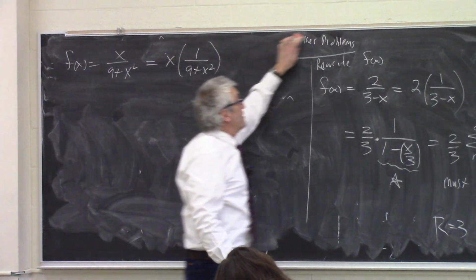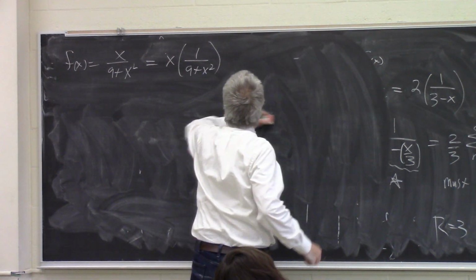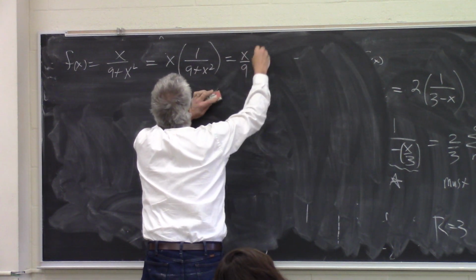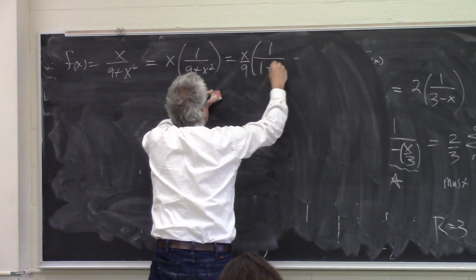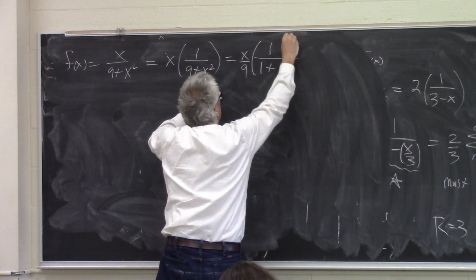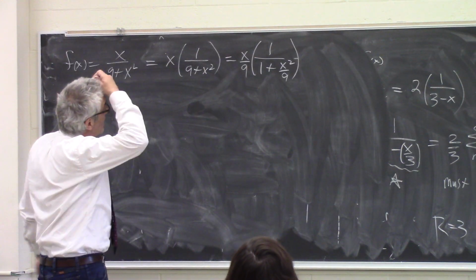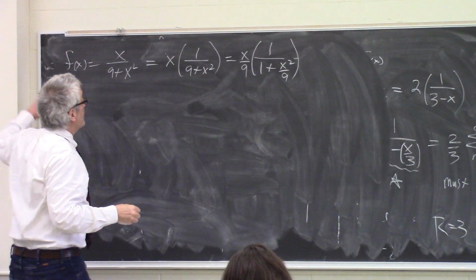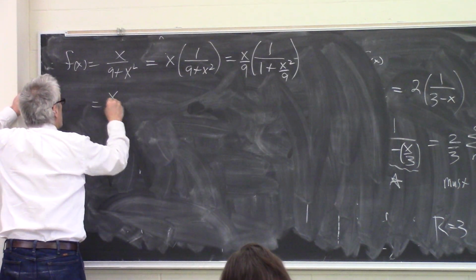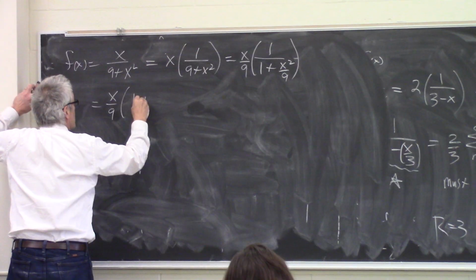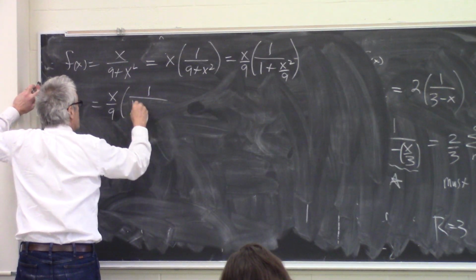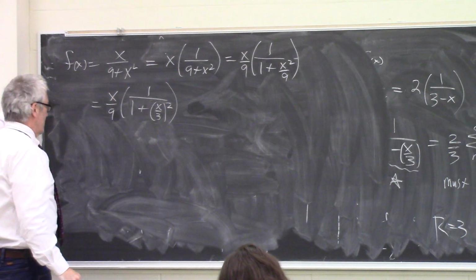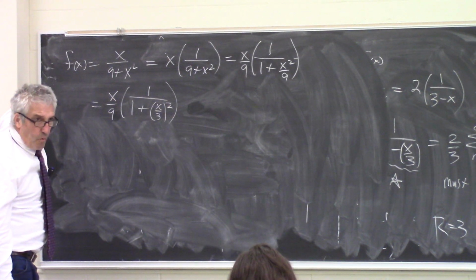Okay, that's not quite star, though. Let's factor out a 9. So I can do that, factoring out a 9. Oh, and I can write that as x over 3 quantity squared. That's not quite star, though.